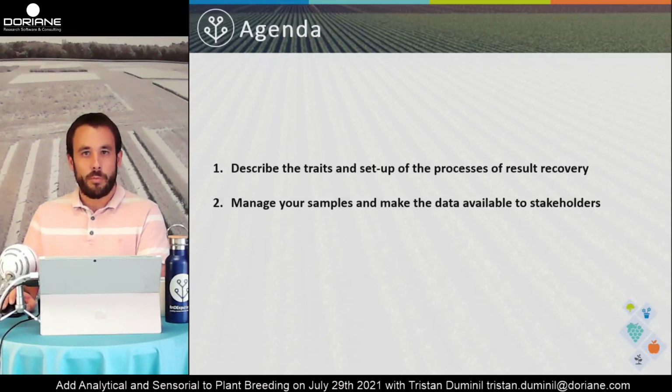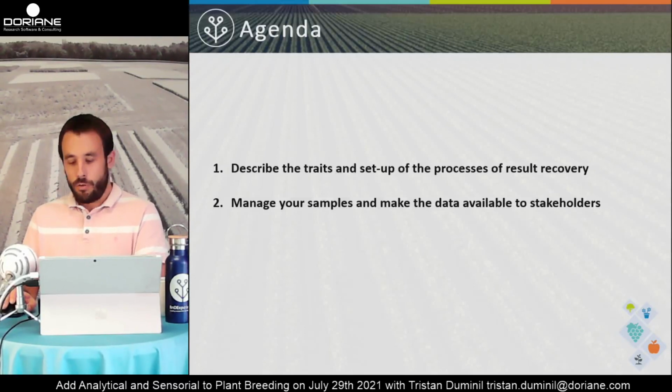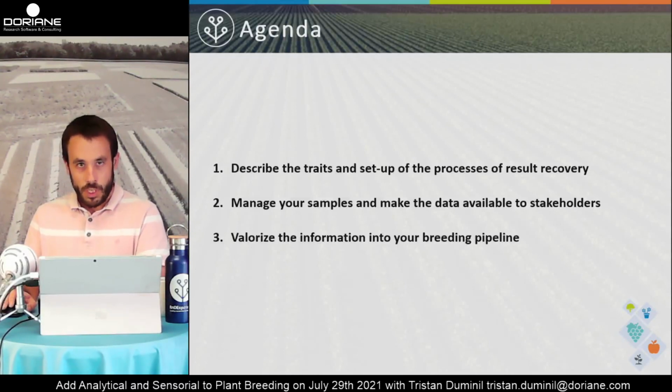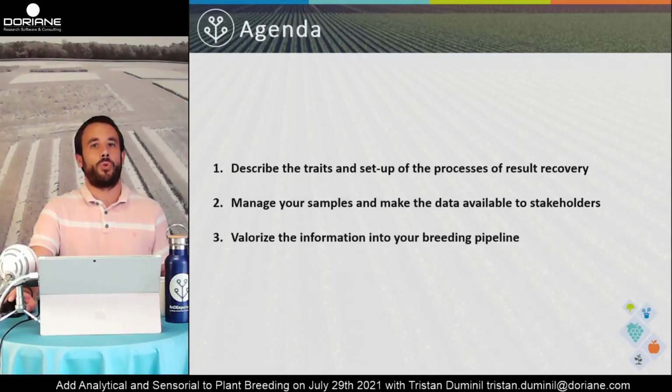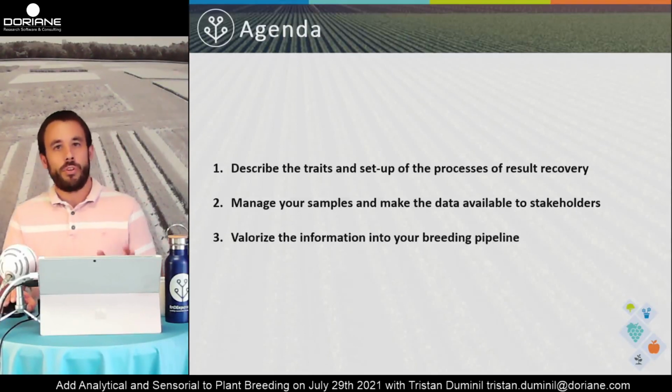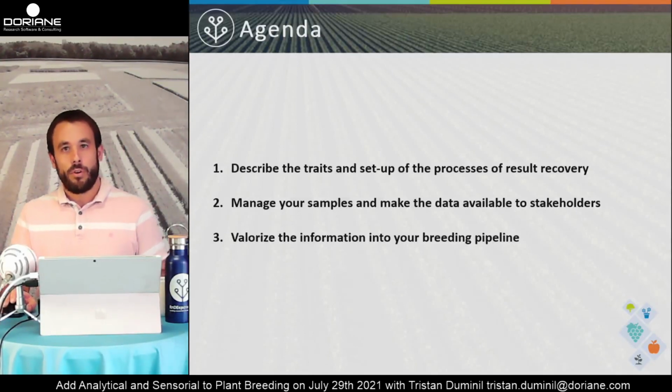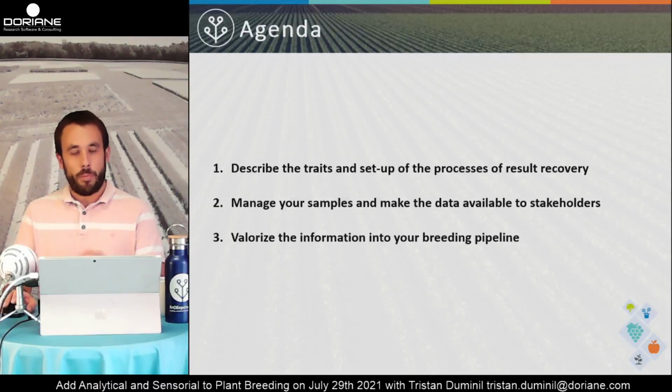Then I will share some experiences on some solutions which can be settled to optimize the management of your samples and share the results efficiently. And I will conclude by introducing some tools which support breeders in decision making, to confront all this new information with phenotype or genomic data.